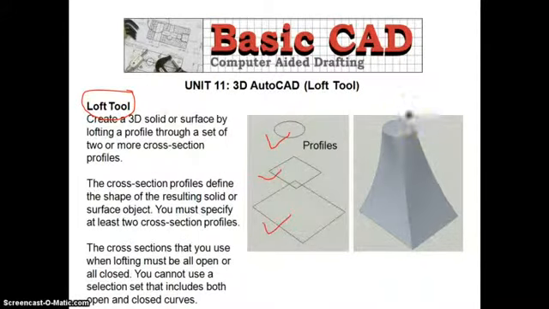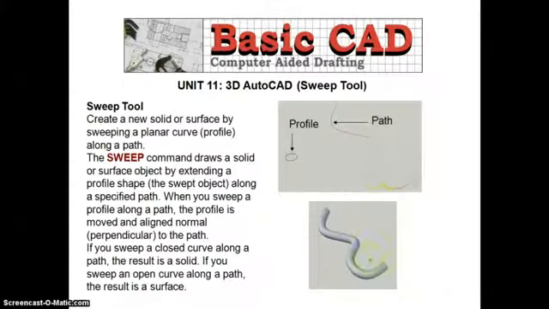Here you can see the 3D object made by the loft tool. Sweep tool, we have seen the sweep tool. One 2D profile is given and a path is given. That 2D profile moves along this path, so we have an object like this.